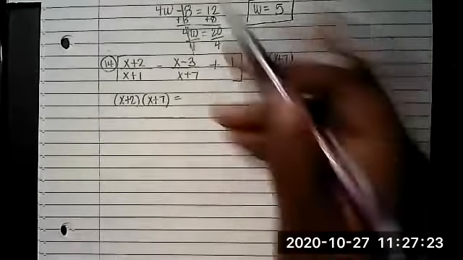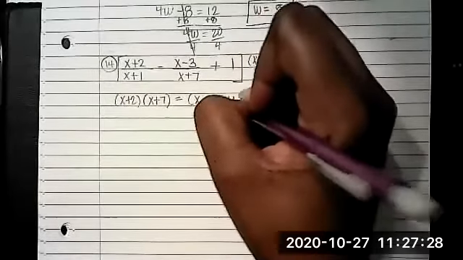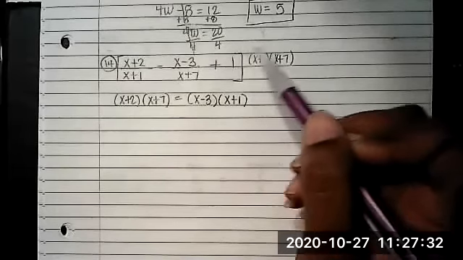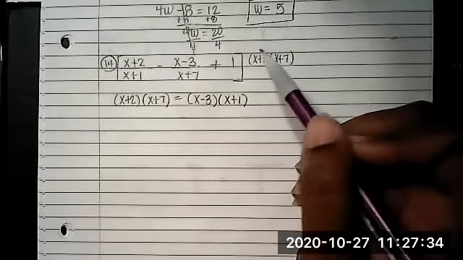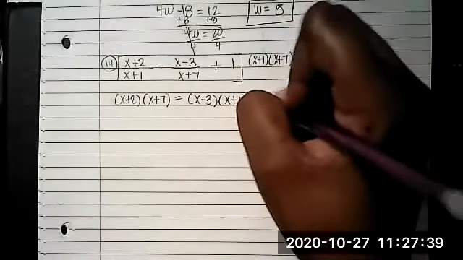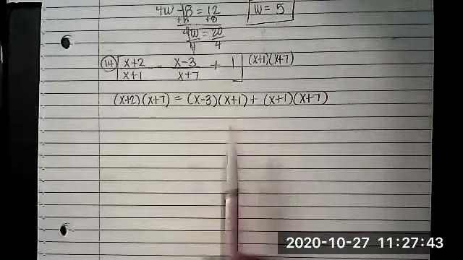What's left over would be x minus 3 and x plus 1. Okay. And here you're just multiplying it by 1, so nothing would be canceled out, but it would just give you x plus 1 and x plus 7, okay, as your situation.